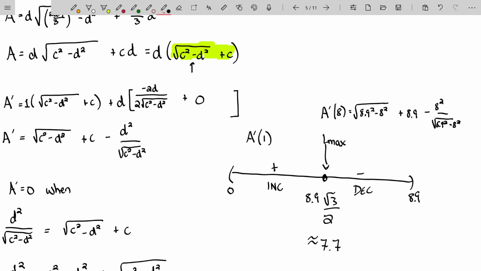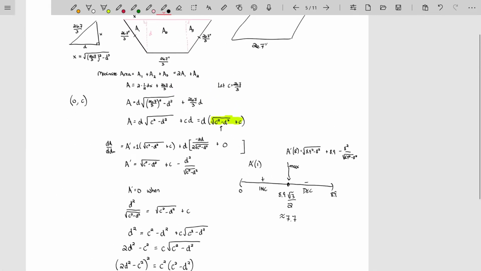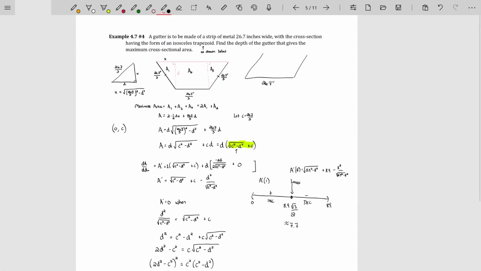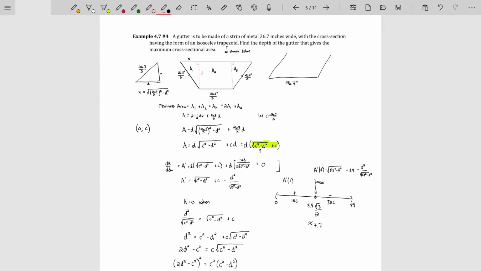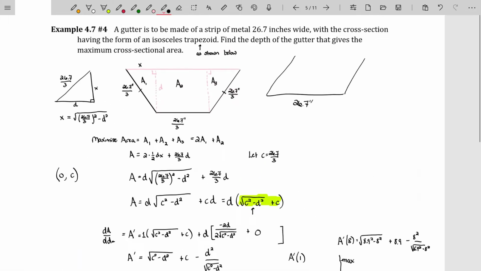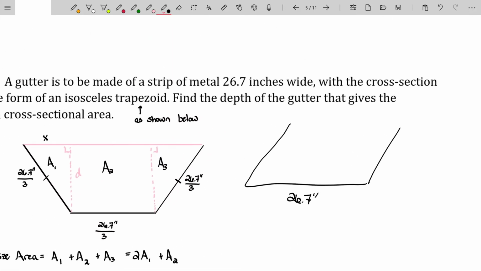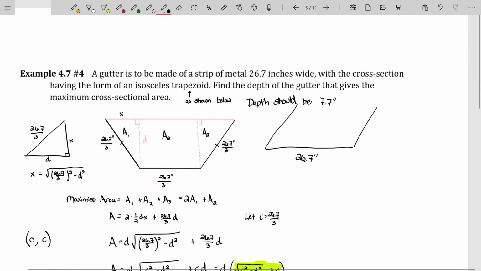So we have found out what the depth is to maximize our area of water flow there. And the real question really was, find the depth of the gutter that gives a maximum cross-sectional area. They didn't ask for the maximum cross-sectional area itself, so I'm not going to respond to that. I'm just going to say depth should be 7.7 inches, roughly.